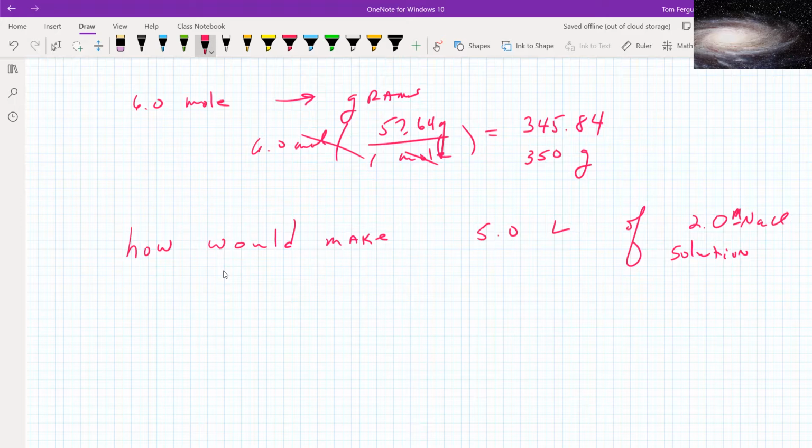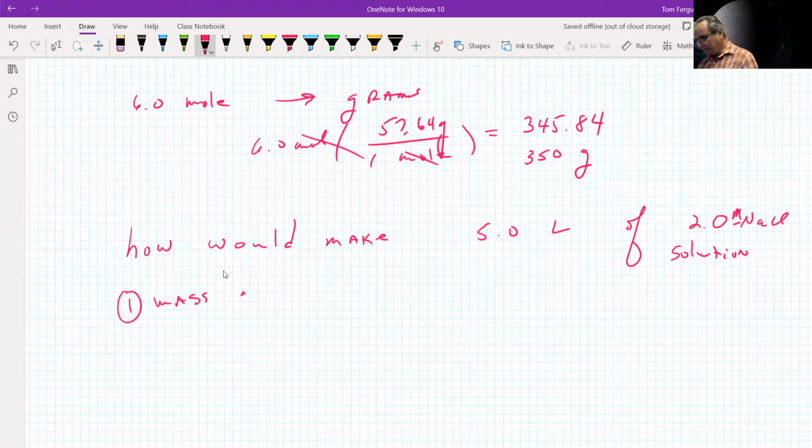What's the first step? Yeah, we need to find out the mass of the salt to start with, right? So step one is the mass of the salt.